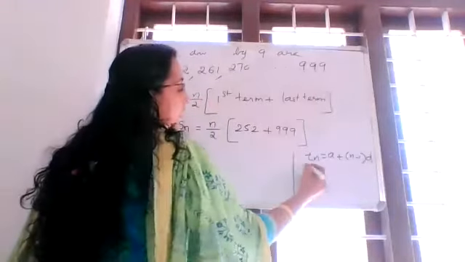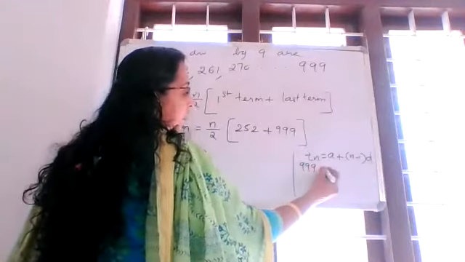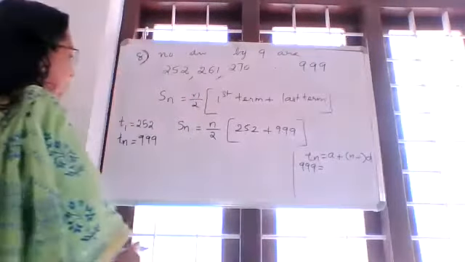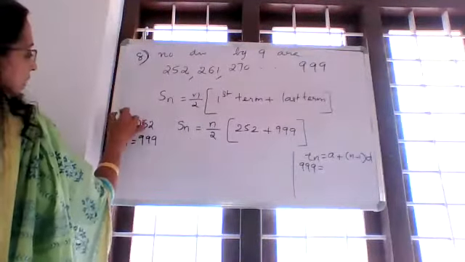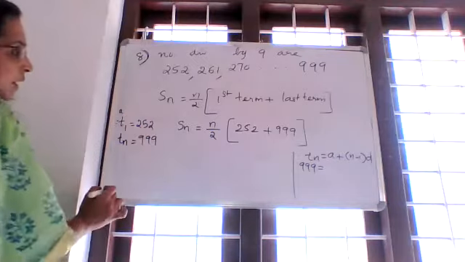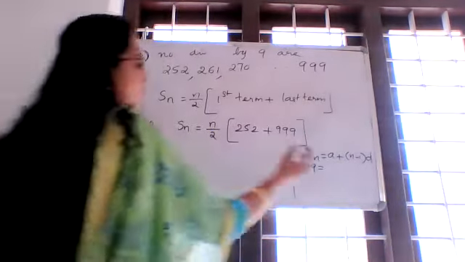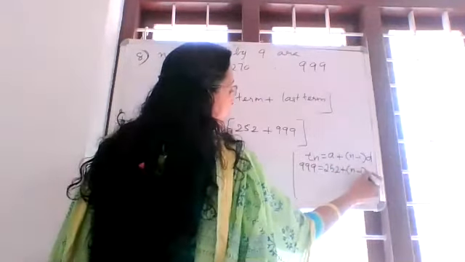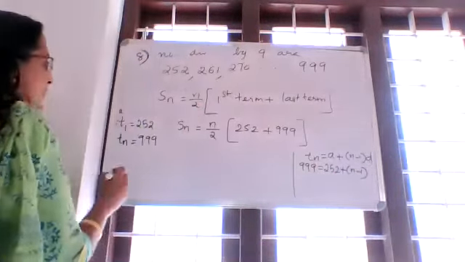Tn is 999, equal to a plus n minus 1 into d. T1 is a, no? a is 252, plus n minus 1 into d, the common difference.